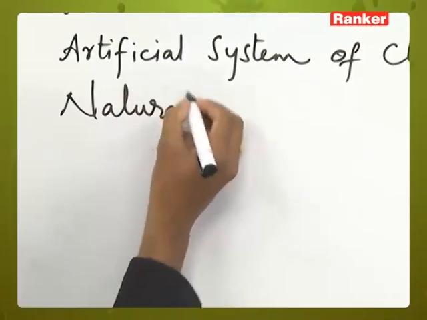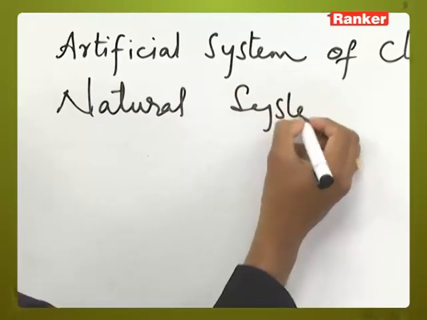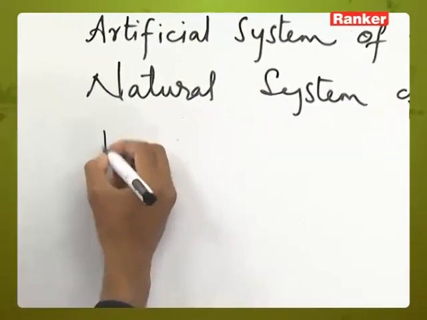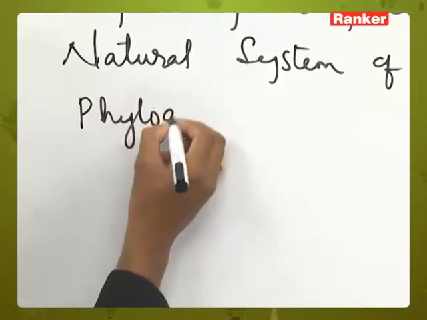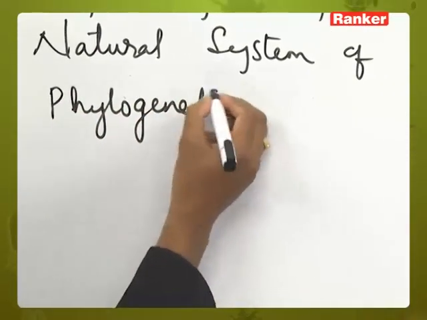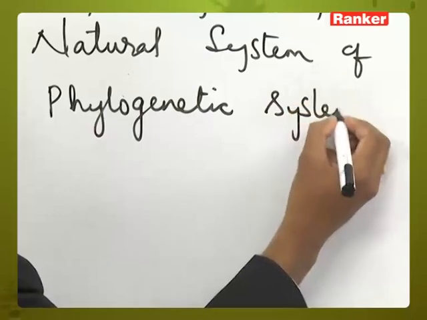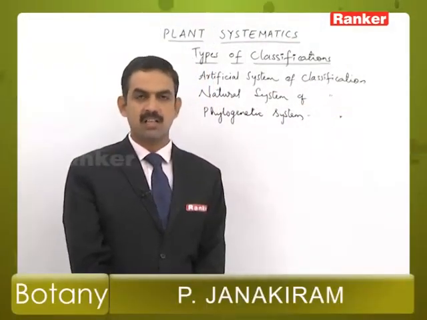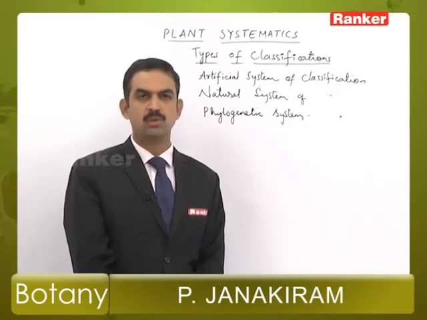The second one is called the natural system of classification. And the third one is called the phylogenetic system of classification. Likewise, the scientists have categorized all the classifications into three groups.